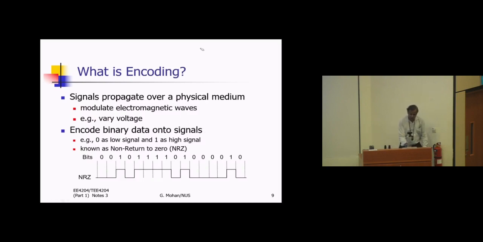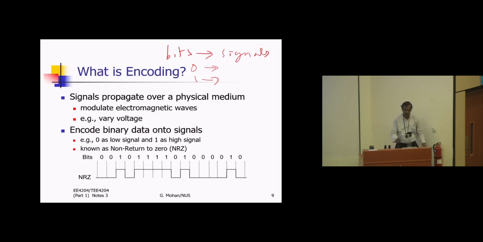Encoding is the mapping of bits to signals. How bits are mapped to a signal. In other words, how 0 is transmitted, how bit 1 is transmitted. When we say the adapter transmits bits 0 and 1, how is it transmitted?